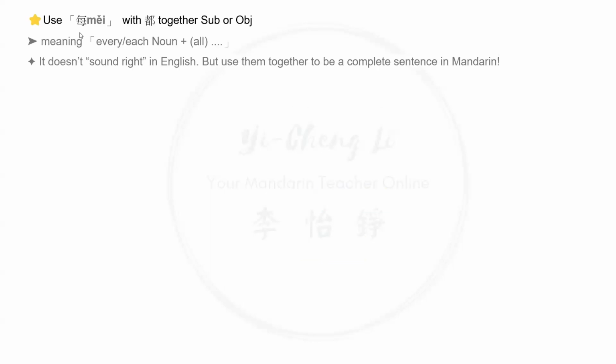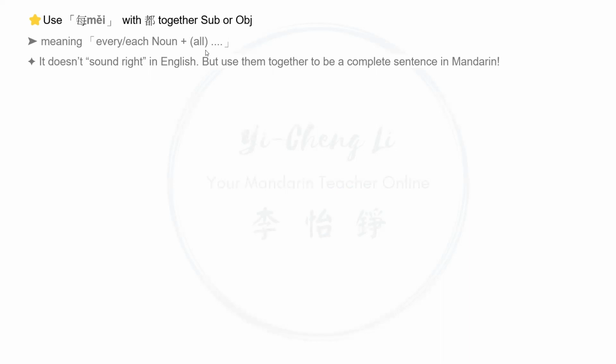So in Mandarin, dōu already means all or both as an adverb by itself. When we actually want to say every or each, we like to use it with 每. The literal meaning is every, the noun, all, or each, the noun, all. It doesn't sound right in English.